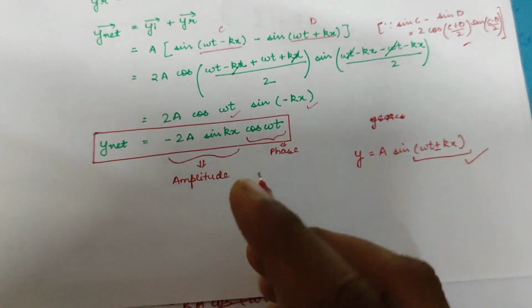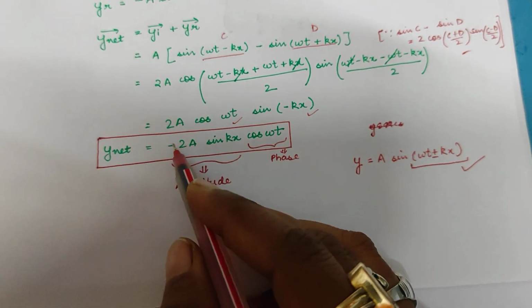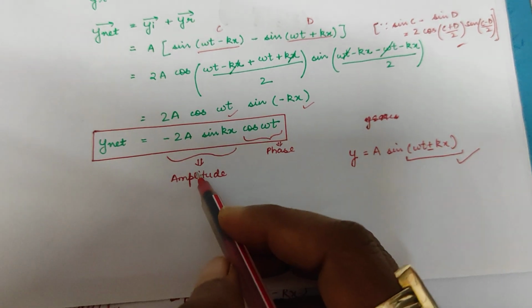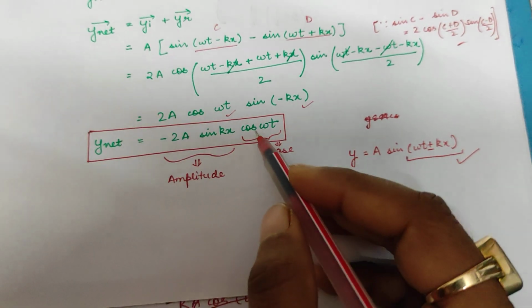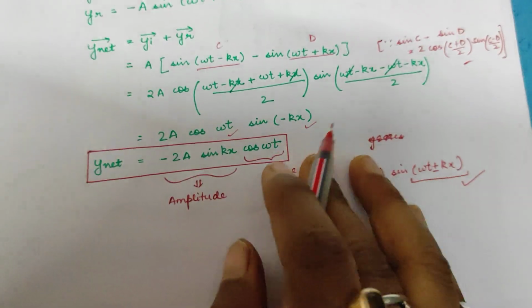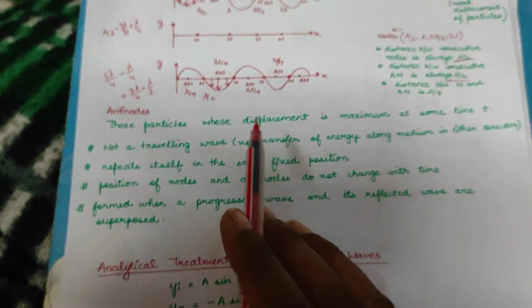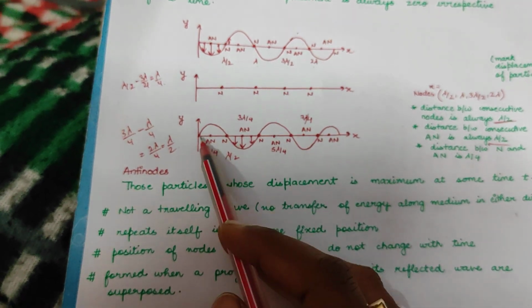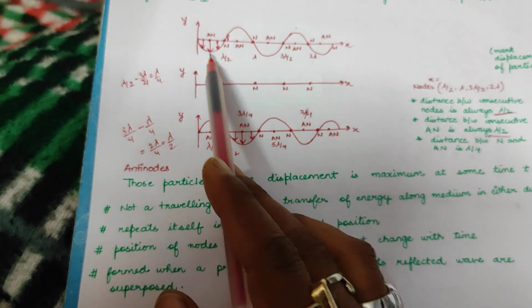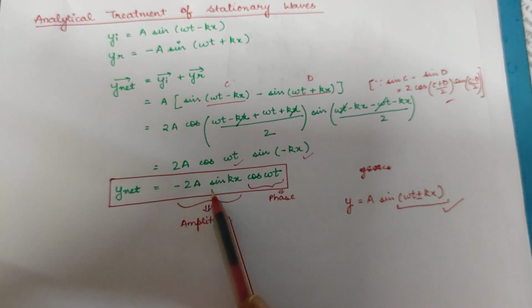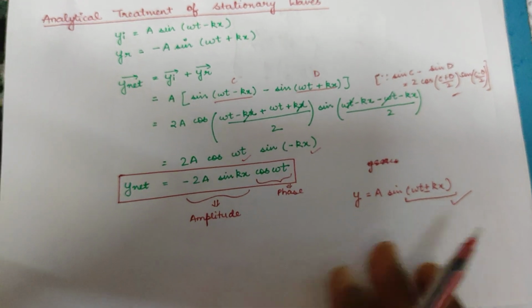Here in stationary waves, this whole term 2A sin kx represents the amplitude, whereas the phase is represented by this cos ωt. If you remember the figures which we have drawn, I told you sin kx positive, so this will be the wave; if negative, then this will be the wave. So 2A sin kx represents the amplitude here.